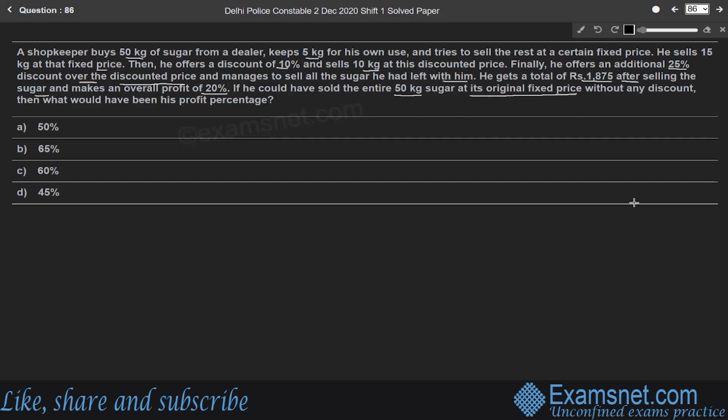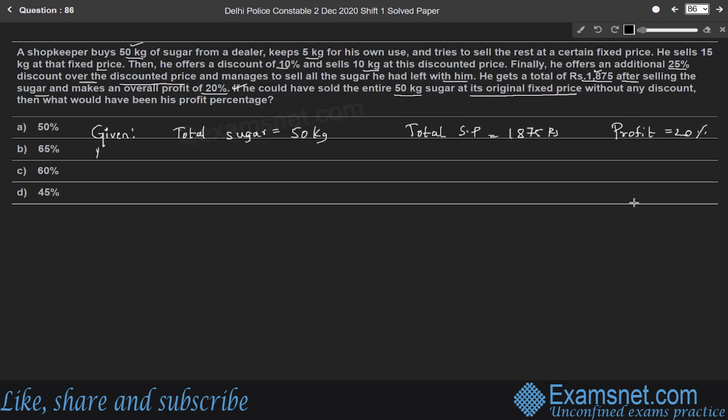So here the given total sugar is 50 kg and total selling price is 1875 and the profit percentage is 20%, right? So here given total sugar is equal to 50 kg and total selling price is equal to 1875 rupees and the profit is 20%, right?